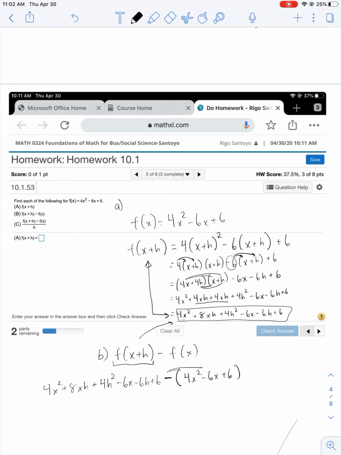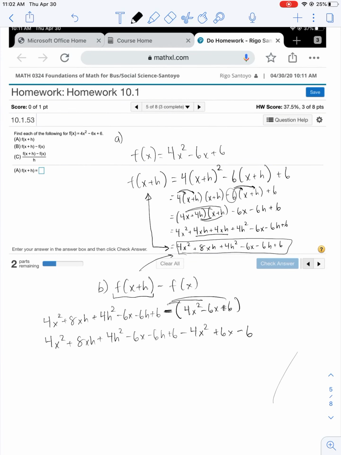We distribute. I bring this down. And now I distribute. I get minus 4x squared. Negative and negative make a positive 6x. Negative and this positive make a minus 6.